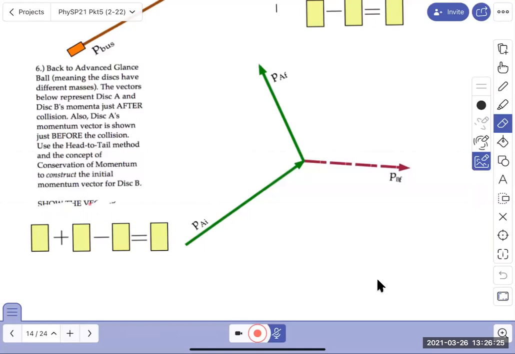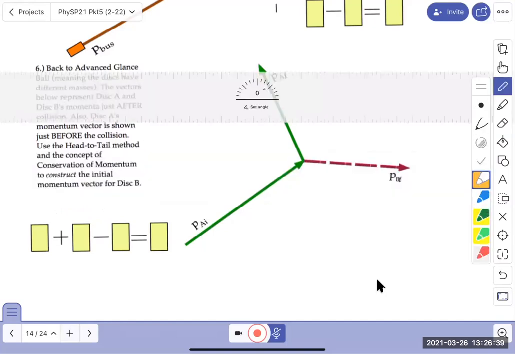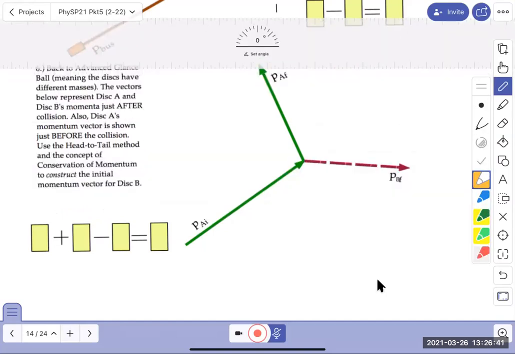So we start off with, and I added this about 5 years ago because kids were getting confused as to which arrow. They would just add them up as they are. You can't do that. You have to first do some manipulation, a little algebra. So we're going to use conservation of momentum. And so I'll keep the colors, and I fortunately picked green.